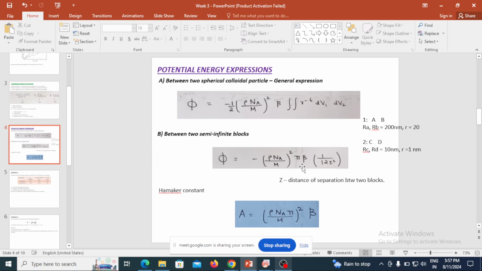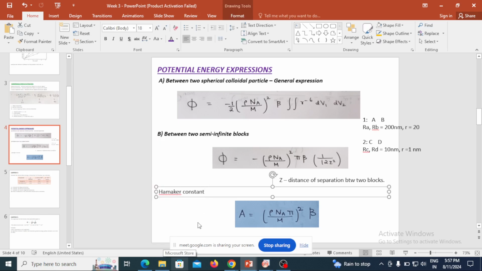Everywhere this term will be in common. So for that reason we call this expression Hamaker's constant, or Hamaker constant.